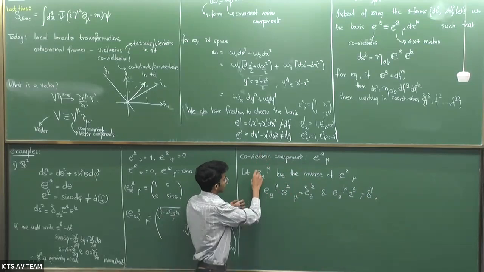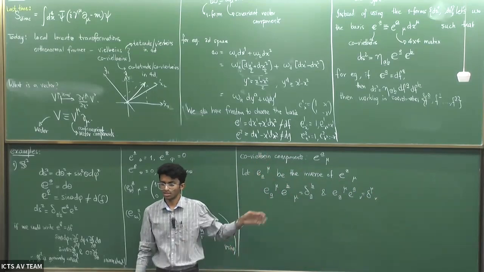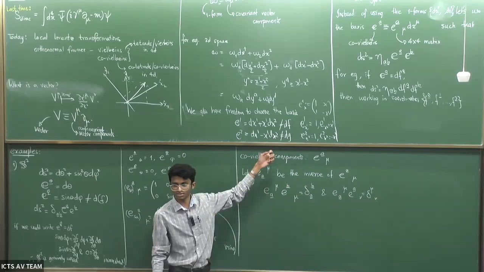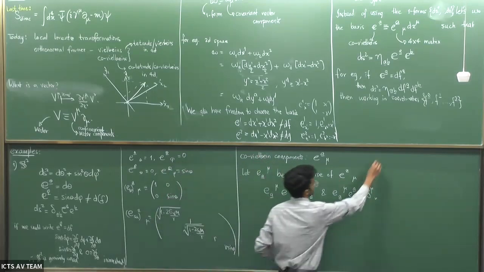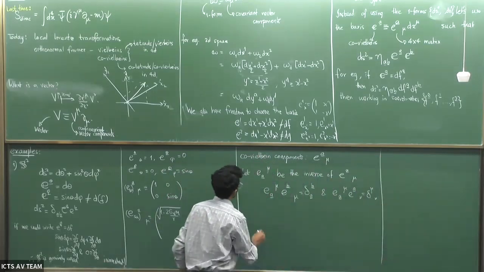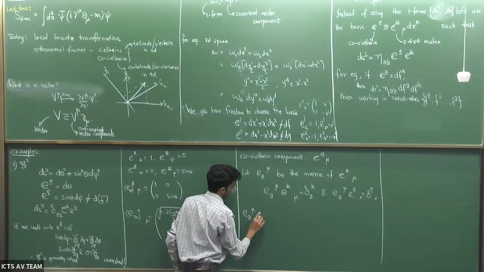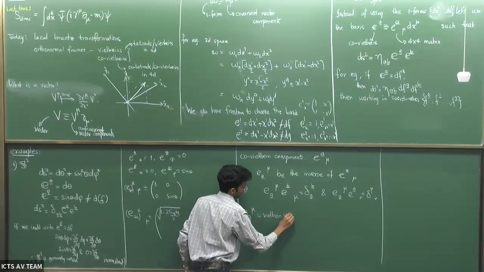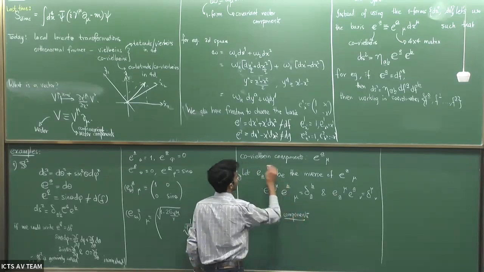If you really want, you can call it e inverse of a mu, but it will be clear from the fact that the barred index is down and the mu index is up that this is the inverse. So e a mu I will call the Wheelbein components, or the tetrad components.